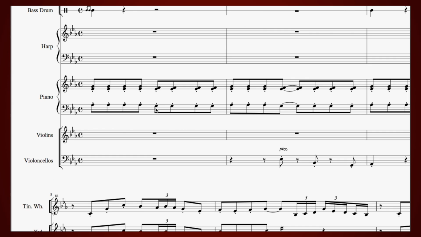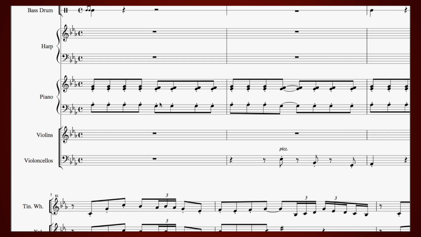We have G on the bass, but it's not actually a G chord. So we have G on the bass here, right? Up here we have an E flat and an F natural. So what is that? We have G, E flat, F natural.